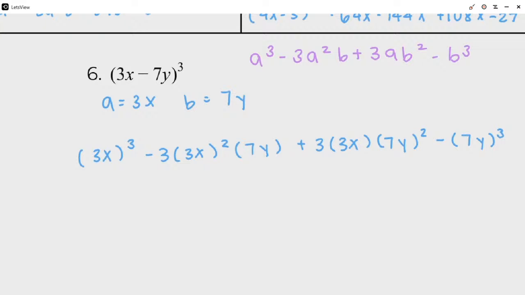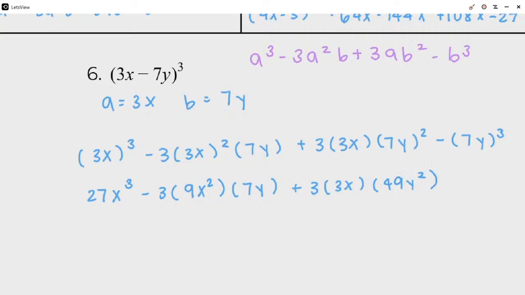So 3x to the third is going to be 27x cubed. And then we get negative 3 times 9x squared times 7y plus 3 times 3x times 49y squared minus 343y cubed.